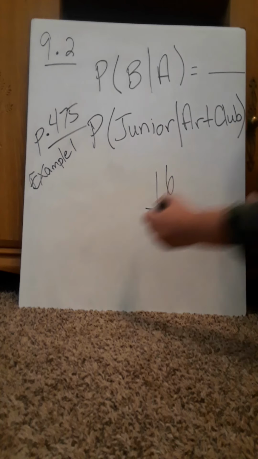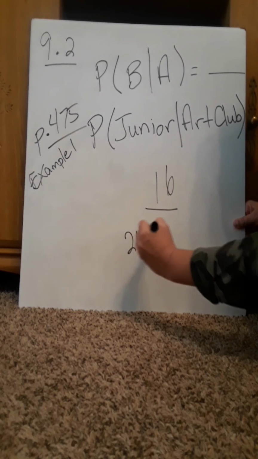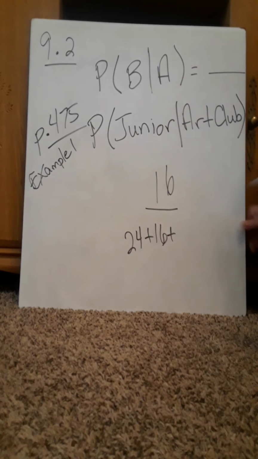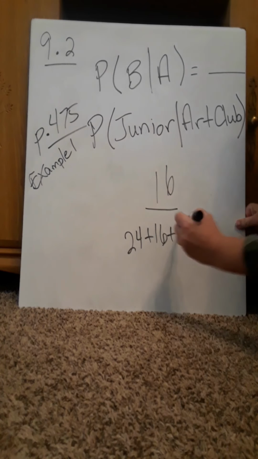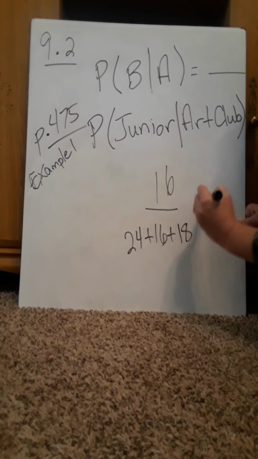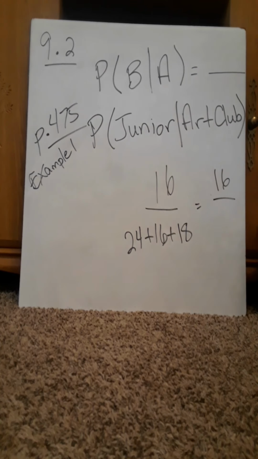That's going to be 24 plus 16 plus 18. Okay, so let's add those numbers up. 24 plus 16 plus 18, and we get 58.